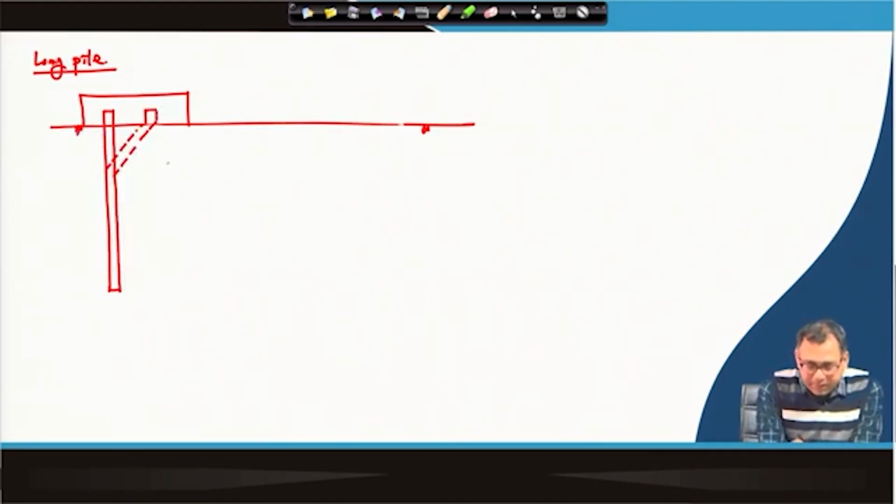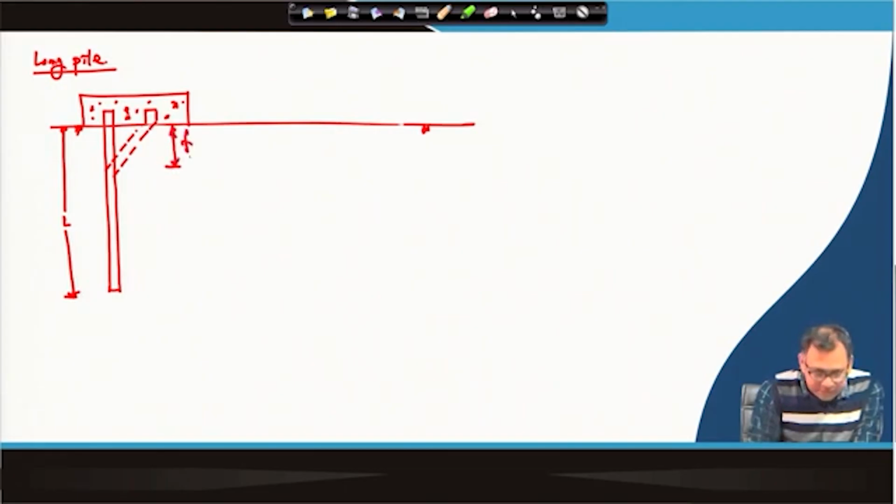Okay. And this is the pile cap, this is L, and this is where the yielding occurs, at a distance of f, and then the soil reaction.